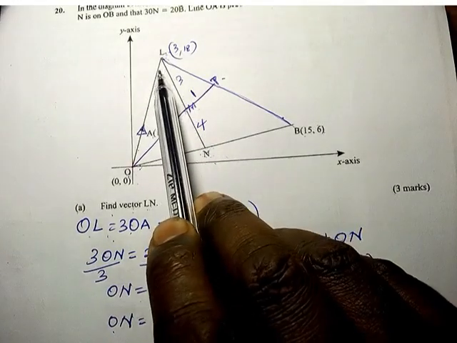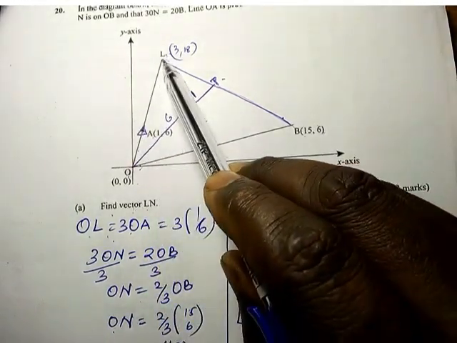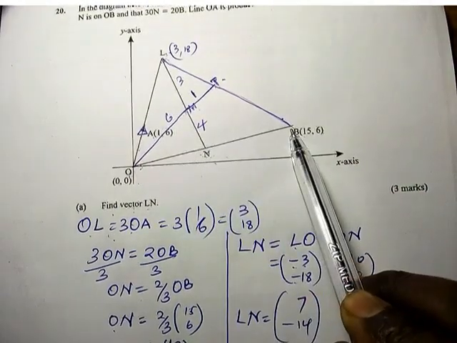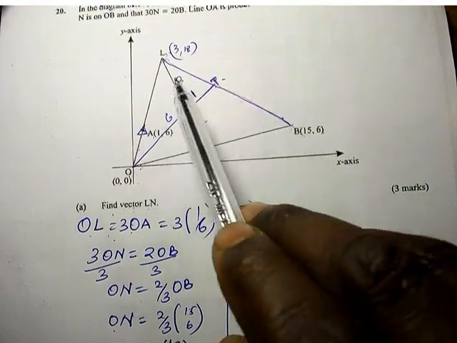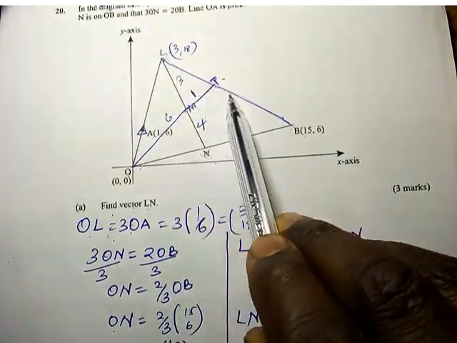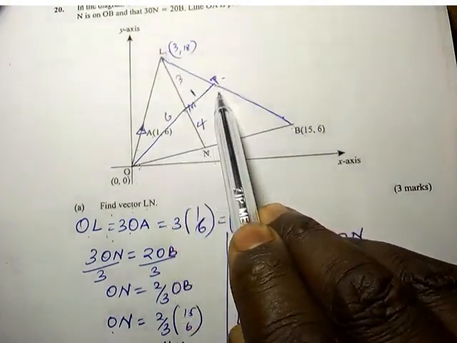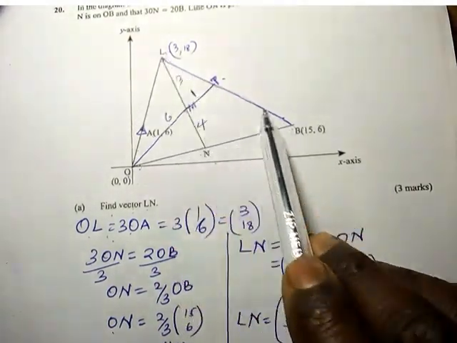So what I have done, I have looked for the vector LT and then LB. Fine. So we want to see the relationship. How many times is LT? How many does it go to LB, the longer one?